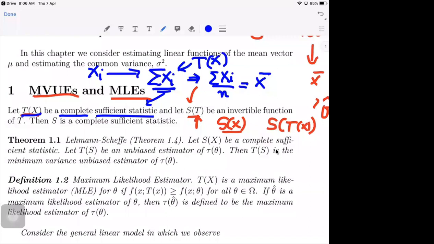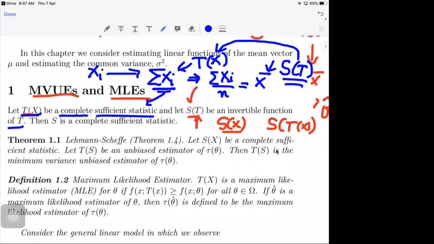Now, if you can find an S of T, meaning x bar now will be our S of T, a new estimator derived by transforming T. From the summation of x of I, it becomes the summation of x of I over n. That is your S of T. And S of T is an invertible function of T, meaning you can always go back to T after using x bar.